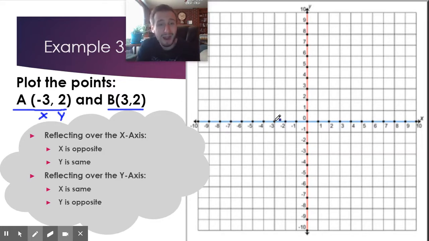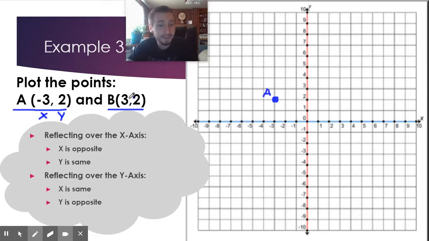So my y value, if you look, says 2. My positive numbers on the y-axis are up. So I need to move 2 spaces up from this point right here. So 1, 2. So I put my dot where it belongs and I label it A. And I'm done.